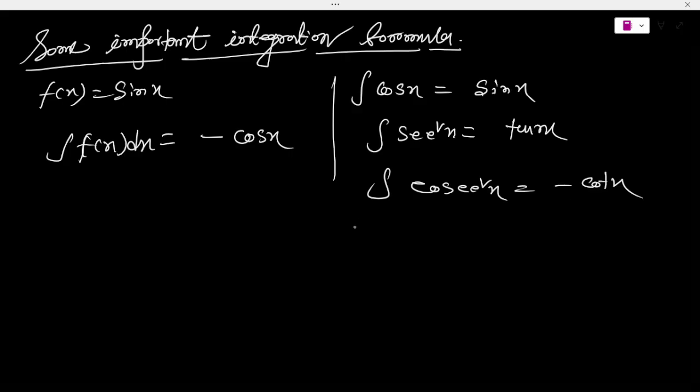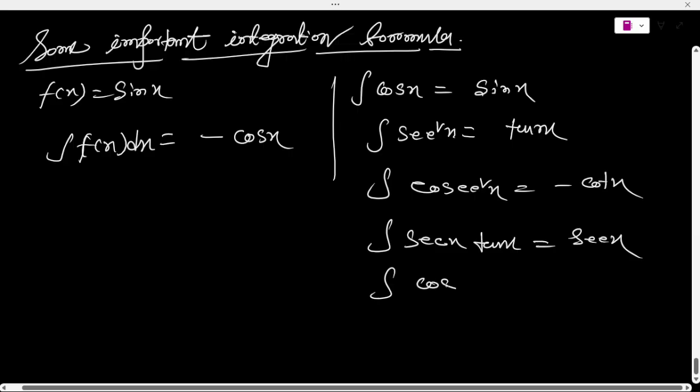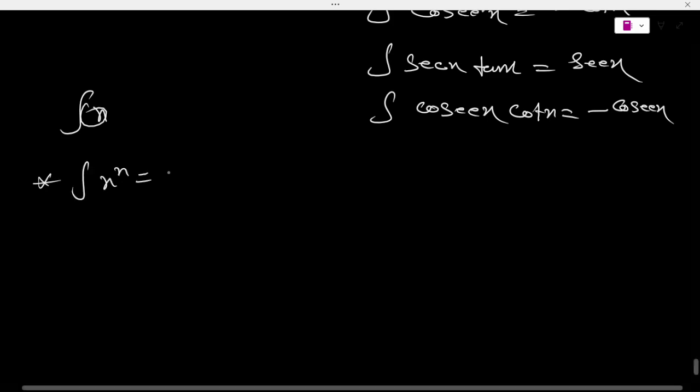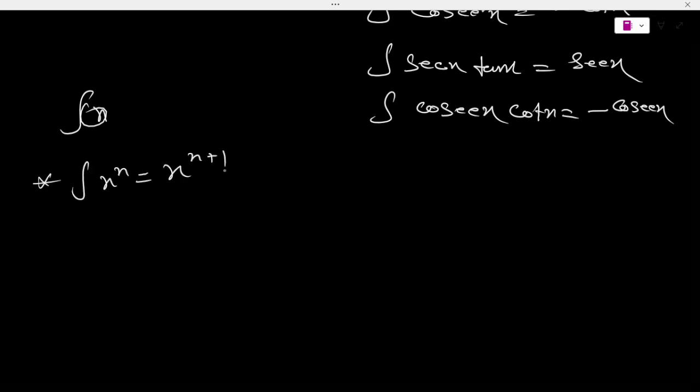Integration of sec x tan x will come out sec x, and integration of cosec x cot x will come out minus cosec x. At the same time, integration of x to the power n will come out x to the power n plus 1 divided by n plus 1.